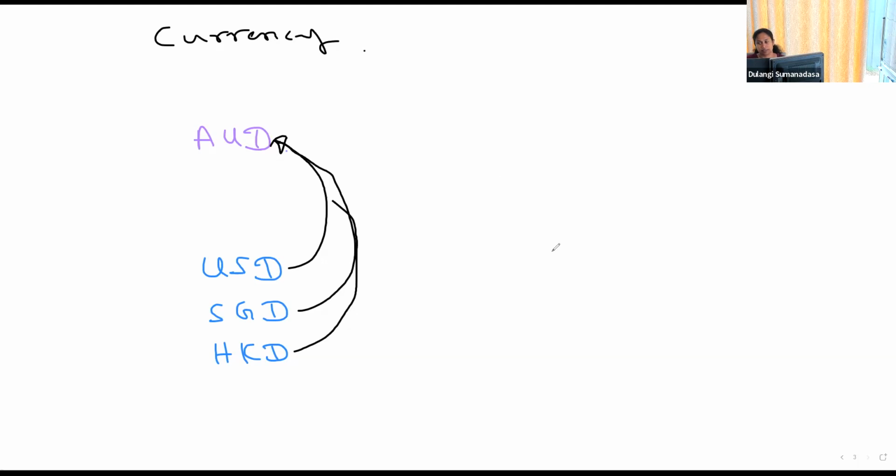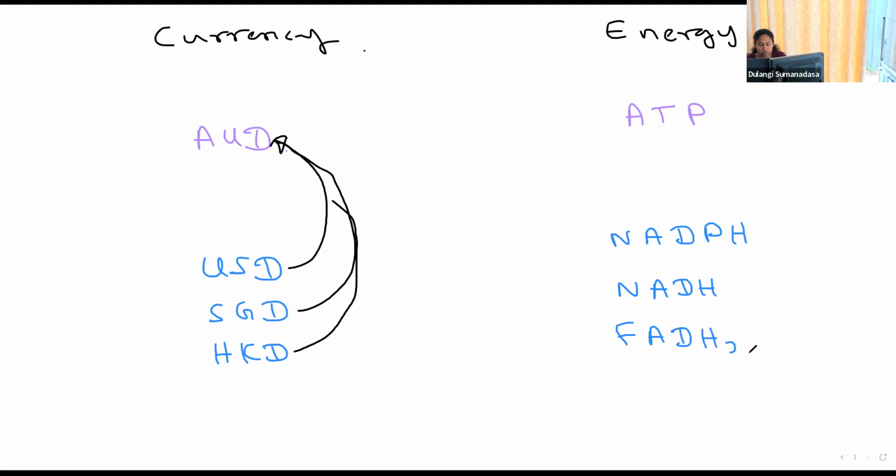Likewise, when it comes to usable energy, there are lots and lots of things that can carry energy from one place to the other. But the only usable energy is ATP. In photosynthesis, we are carrying the energy using NADPH. In cellular respiration, it's NADH. In cellular respiration, again, we are using FADH2.